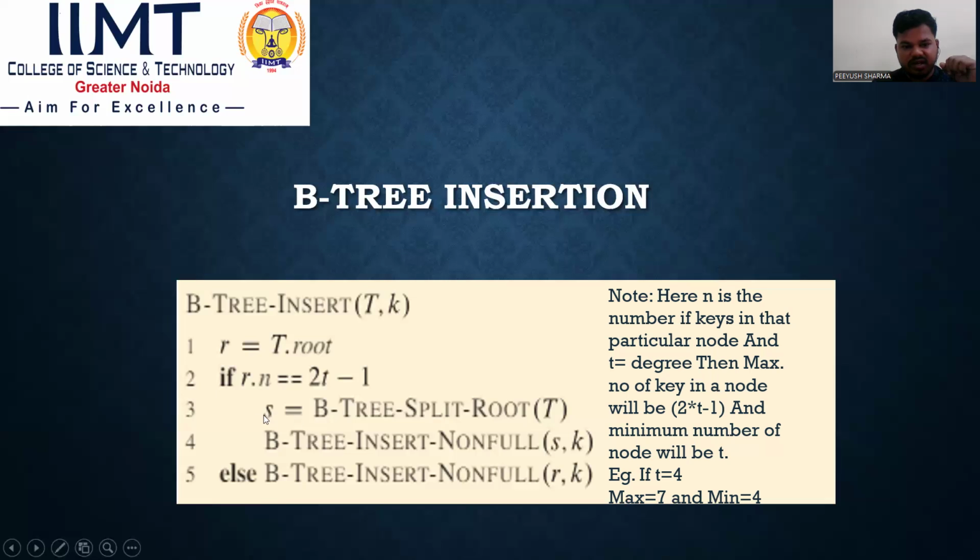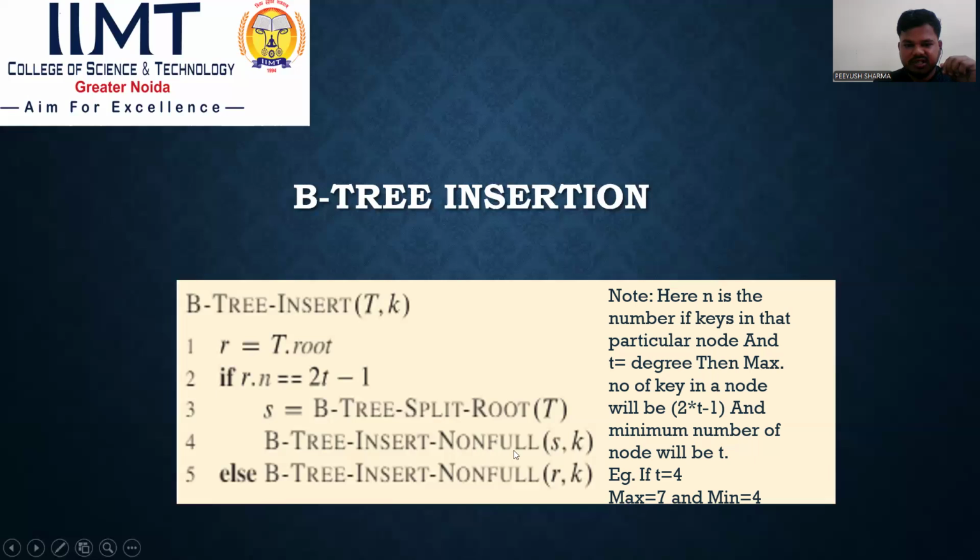Here we first split, because our node contains the maximum number of keys. After splitting it, we insert our key k into either the left side or right side based on the condition. Based on the condition means we are following the property of the search tree, where keys lie either in the left child or right child.